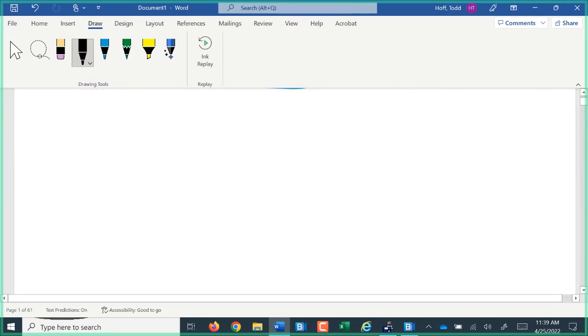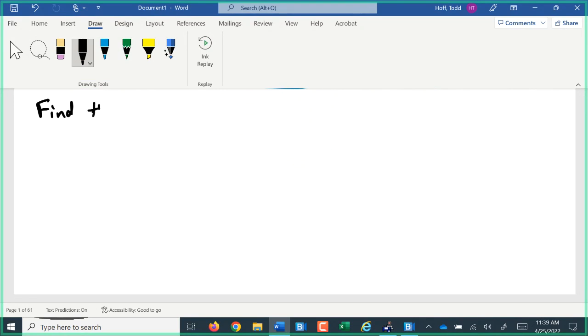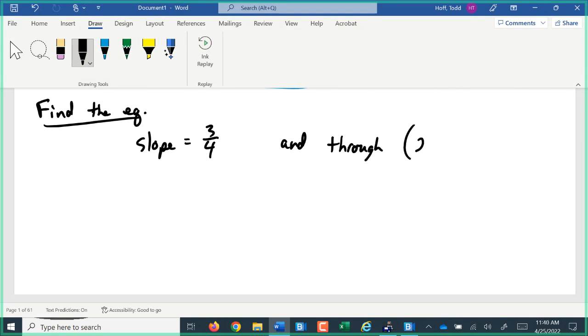More often than not, the starting point that we are given to construct these equations is not the y-intercept. It's just a random point that's going to be on the line. So we might be asked to find the equation for a line. I'm not going to write that part for the sake of time, but let's see, we're told we have a slope of 3/4 and that the line goes through the point 2, 8.